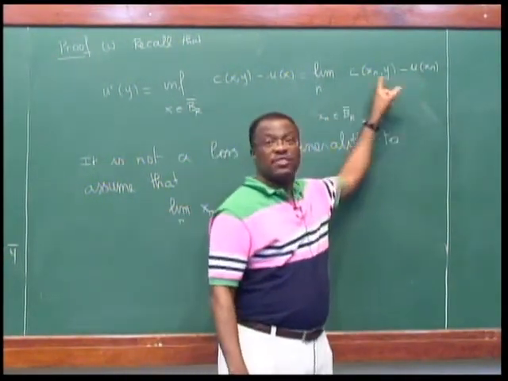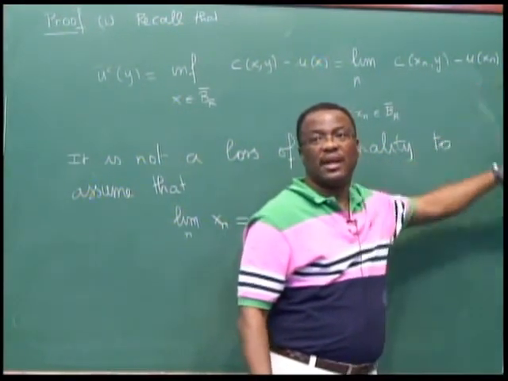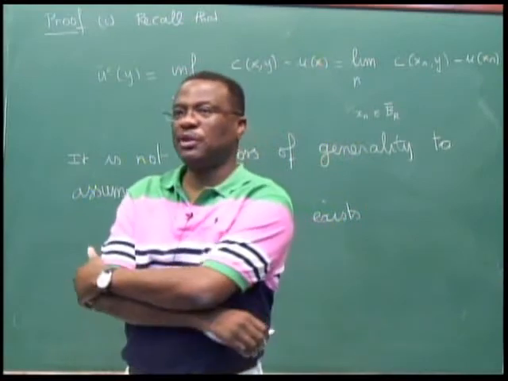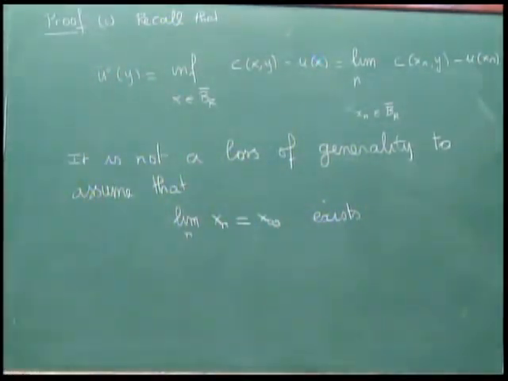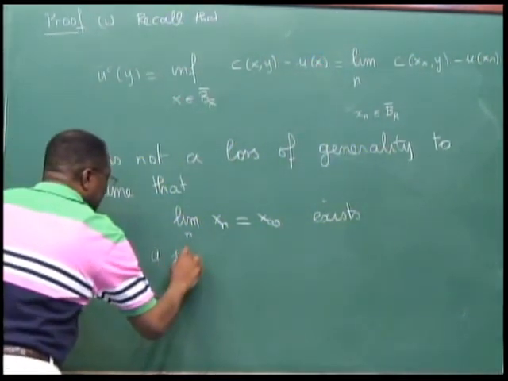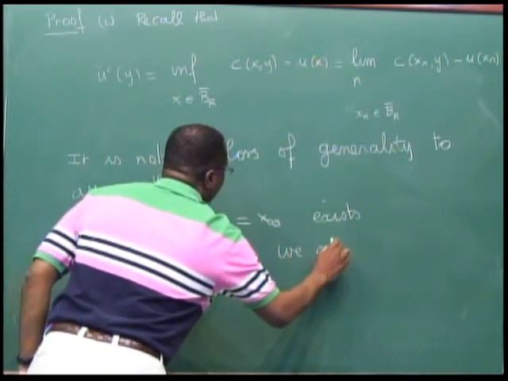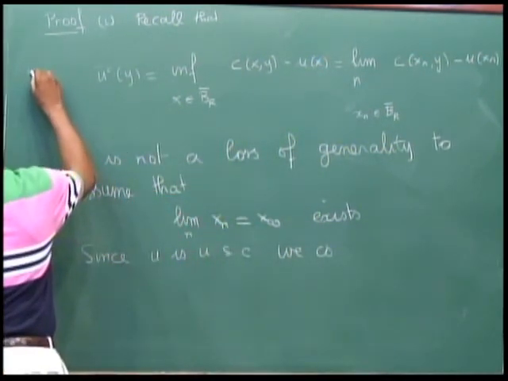If this difference is convergent, it means that that is convergent. And so there is no distinction between lim sup, lim inf, and limit. So I can say that since U is upper semi-continuous, we conclude that. Call this 4.